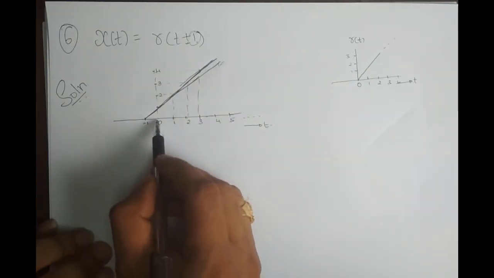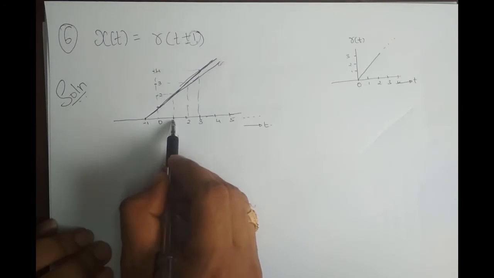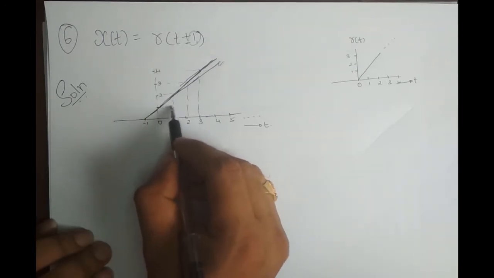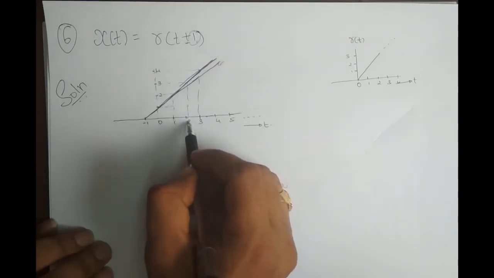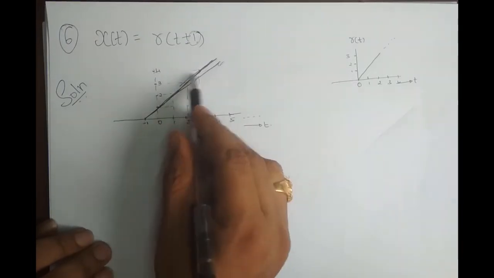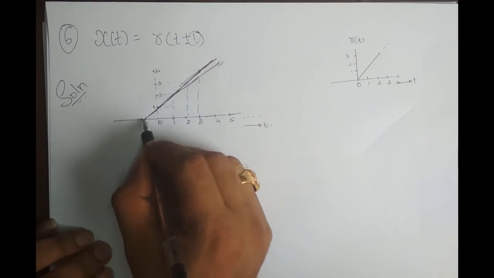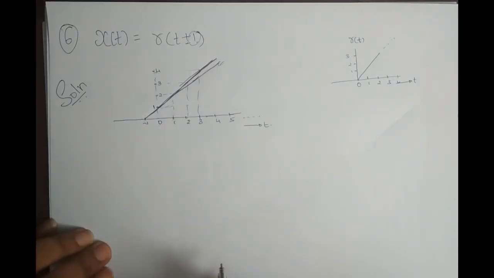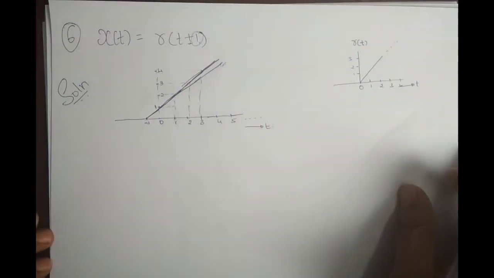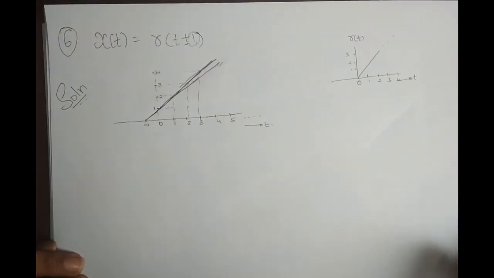Since I shifted left one time, at t is equal to 1, amplitude should be 2, t is equal to 2, amplitude should be 3, t is equal to 3, amplitude should be 4, t is equal to 0, amplitude should be 1, and t is equal to minus 1, amplitude should be 0. Okay, so this is how r of t plus 1 looks.